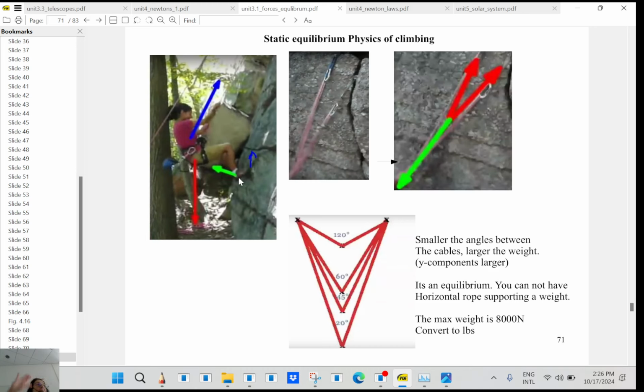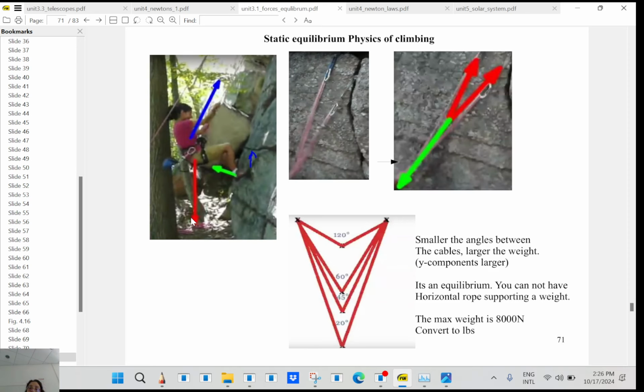The foot here is not sliding, so it means you have static friction, always along the surface. And at the center of mass here, you're going to have the weight straight down. And when you add all those vectors, tail to head, you go back to the same place. It's going to be 0. So all the components up will be equal to the sum of all the components down in magnitude. The sum of all the components to the left will be equal to the sum of all the components to the right. Do you agree?